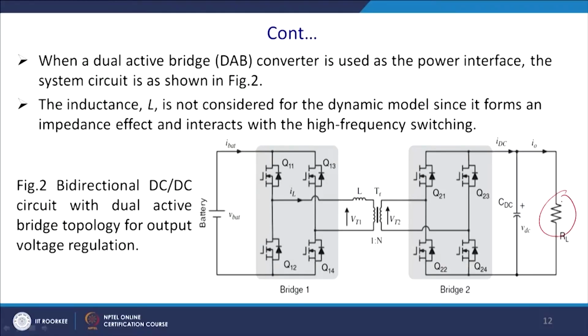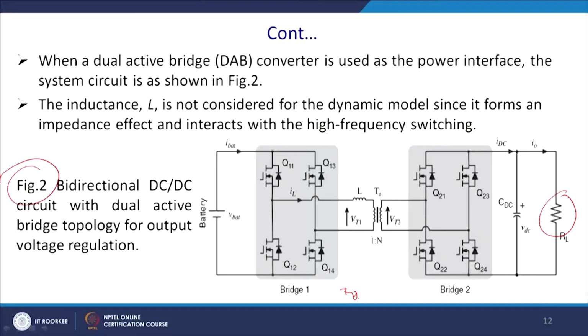If it is a resistive load, definitely it cannot send back the power, but if it is some kind of regenerative or some other features, then it can be bidirectional. So, the dual active bridge converter is used for the power interface. The system circuit is shown in figure 2. This is figure 2.